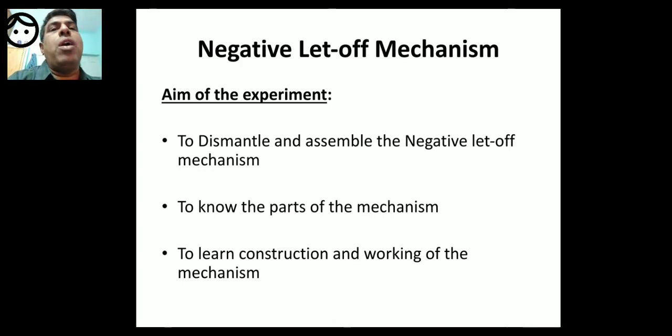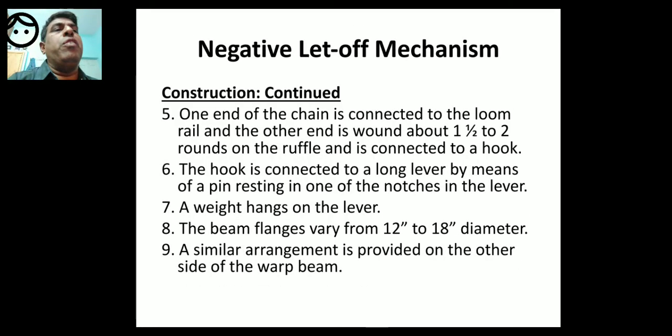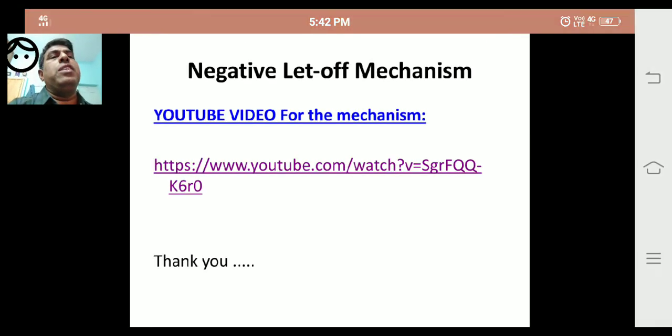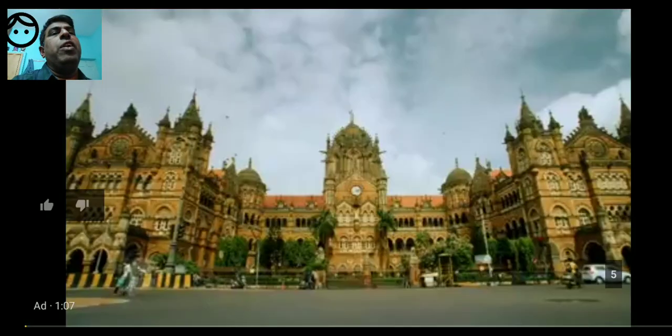Shedding, picking and beat up. Before going to the class itself, I will show you a video first, because that will make clear what let off mechanism and take up mechanism are. It's a 1-minute video.